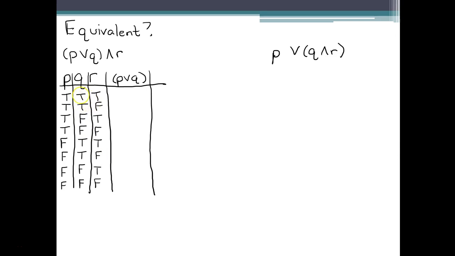Just one of them has to be true to be true. They can both be true to be true. So the only time it's false is if both are false. So T or T is true, T or T is true, T or F is true, T or F is true, F or T is true, F or T is true, F or F is false, F or F is false. And then we have to do P or Q and R.